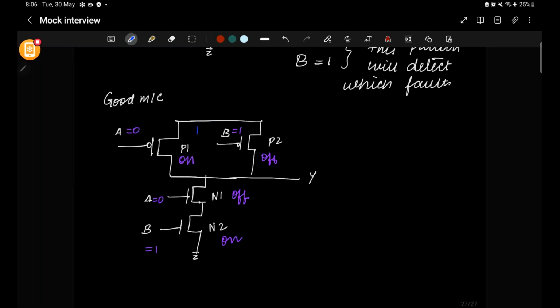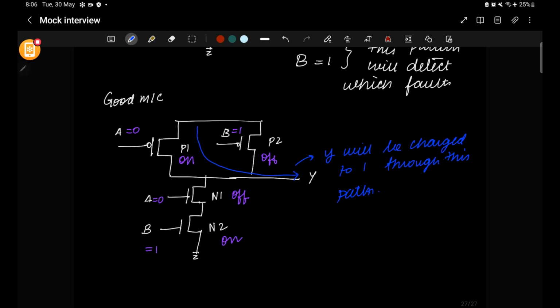Through this path, basically Y will be charged. So Y will be charged to 1 through this path. Okay.